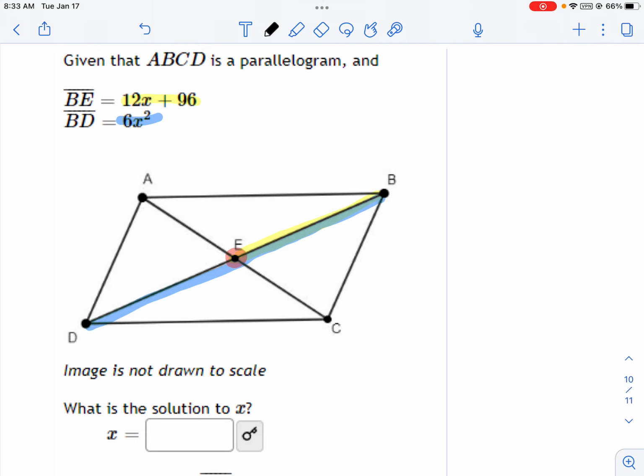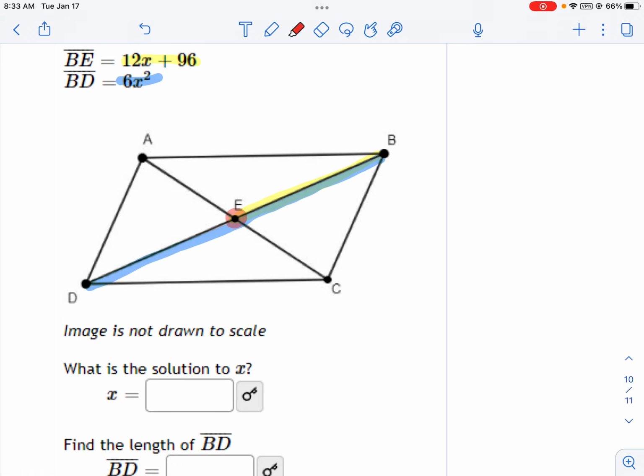It meets directly in the middle of both lines, which means BE and ED are congruent to each other. So if this section was 17, this section would also be 17, and the whole segment would be 17 plus 17, which is 34.